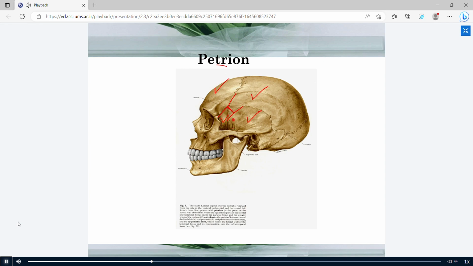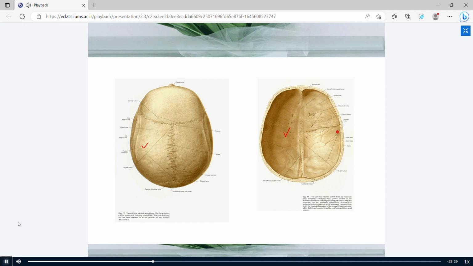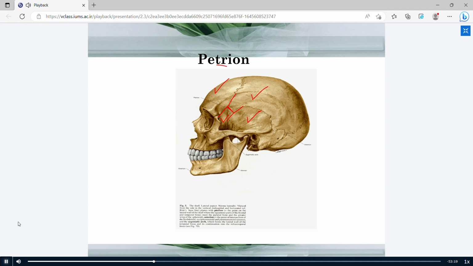This is very important clinically because inside the H point, or pterion, the middle meningeal artery passes, so during an injury, this location may be damaged, leading to injury to the middle meningeal artery.